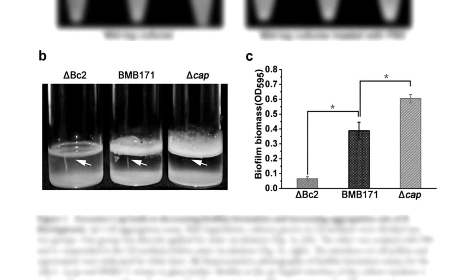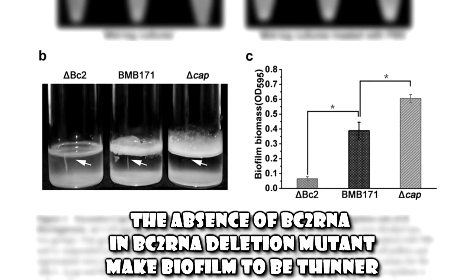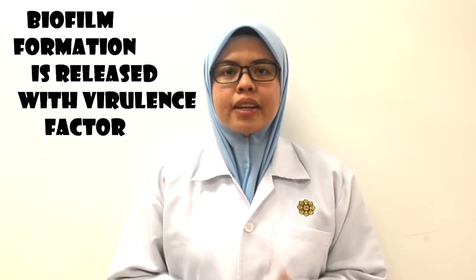However, in the Bc2 RNA-regulated deletion mutant, the biofilm is thin because Bc2 RNA is absent to repress Cap. For your information, B. thuringiensis produces virulence factors, and biofilm formation is released with it. Based on the result, Cap will be expressed excessively in the Bc2 RNA-regulated deletion mutant and exhibited stronger insecticidal activity because it abolished the formation of biofilm.